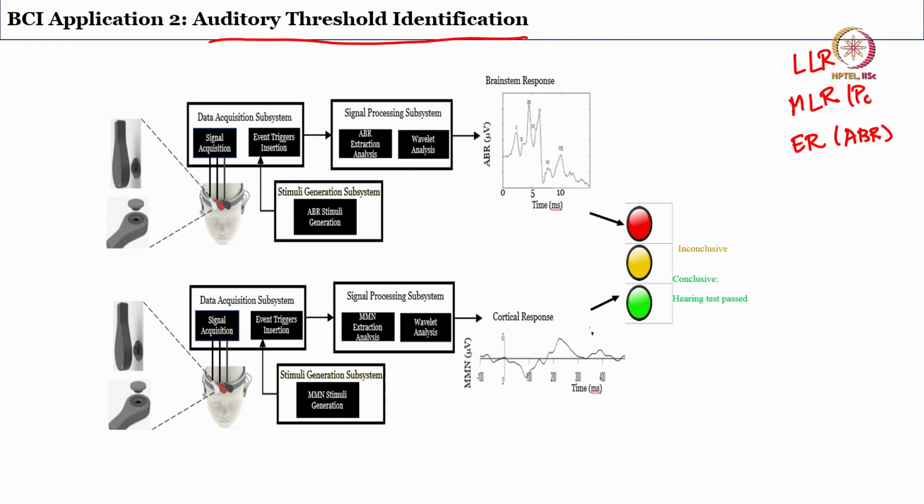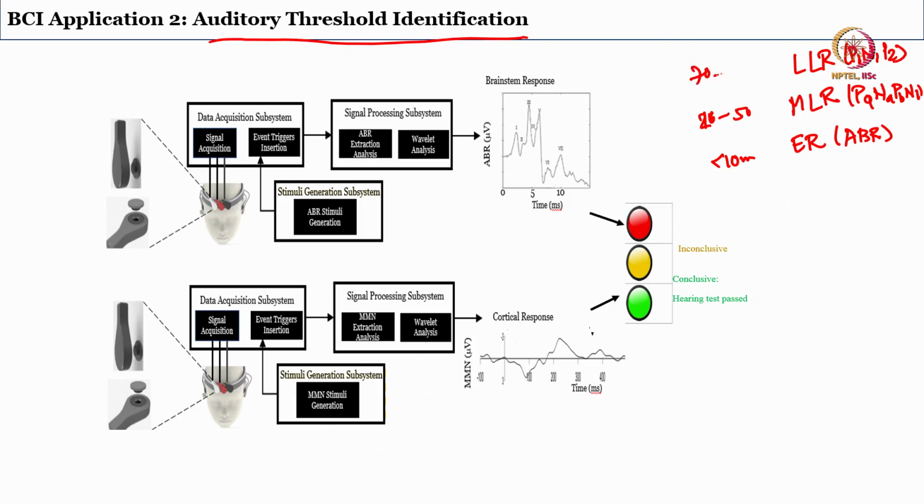This is something called P0, PA NA, PB NB, P1 N1, P2. This comes within 10 milliseconds. This comes after, let's say, 20 to 50 milliseconds or so.